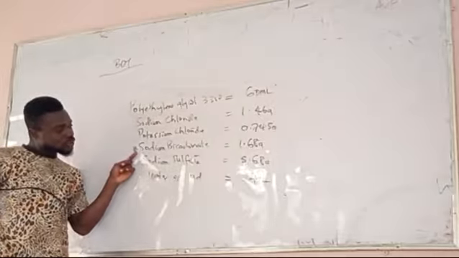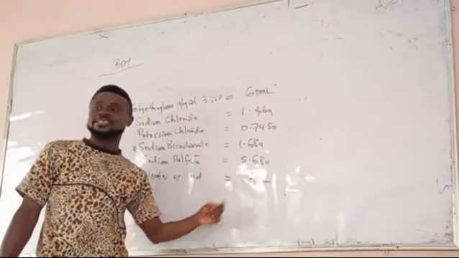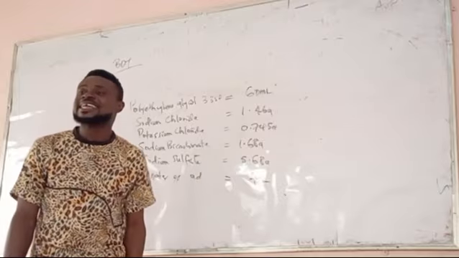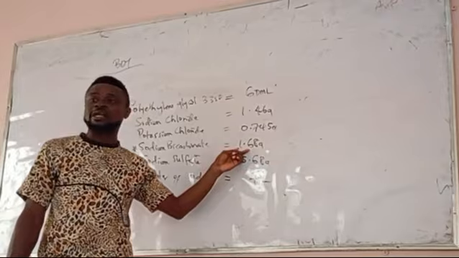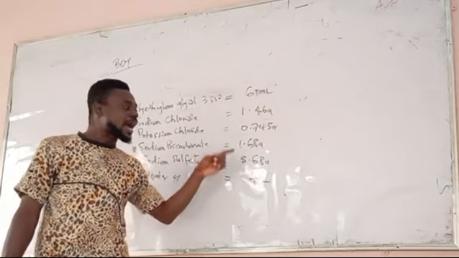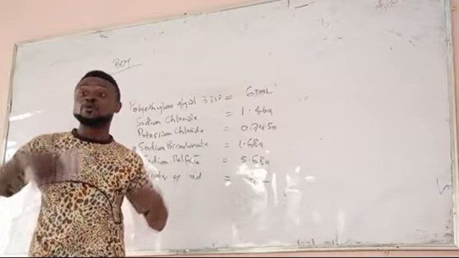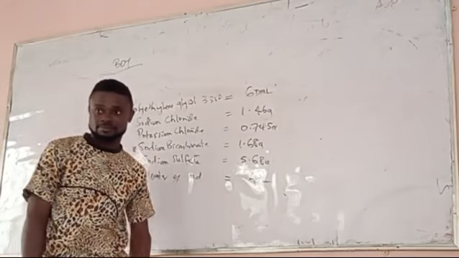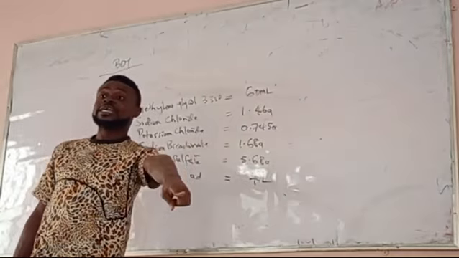If 1.68 gram of sodium bicarbonate is required to produce 4 liters, how many grams will be required to produce 100 liters?